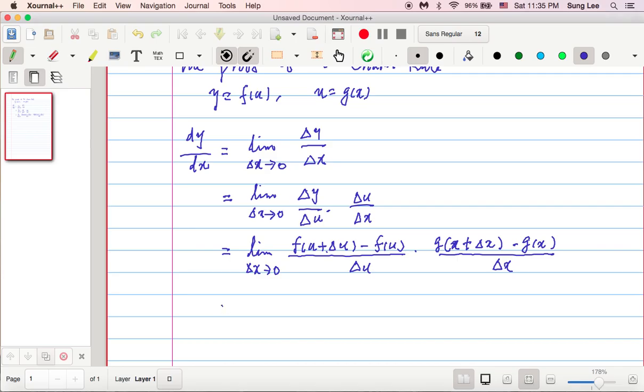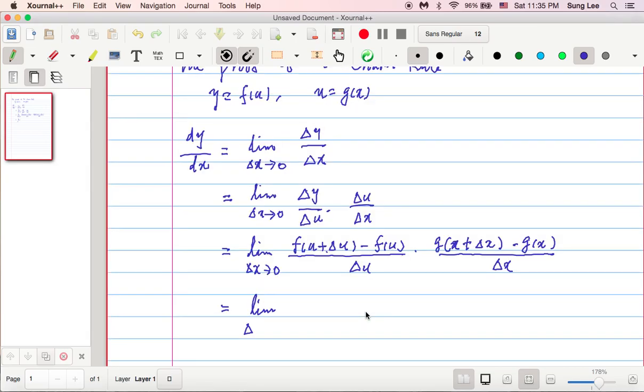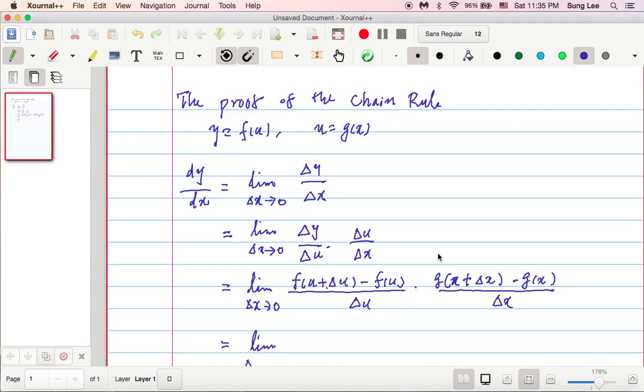Okay, so that equals limit delta... Okay, there's another thing I have to mention. By the way, I didn't write it down, but there's another assumption. The assumption is both, so maybe I should write that down.